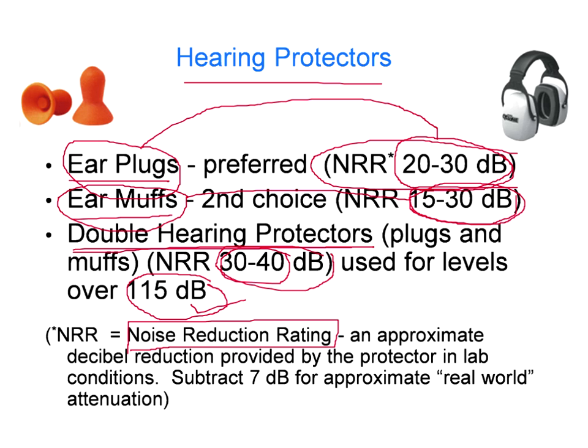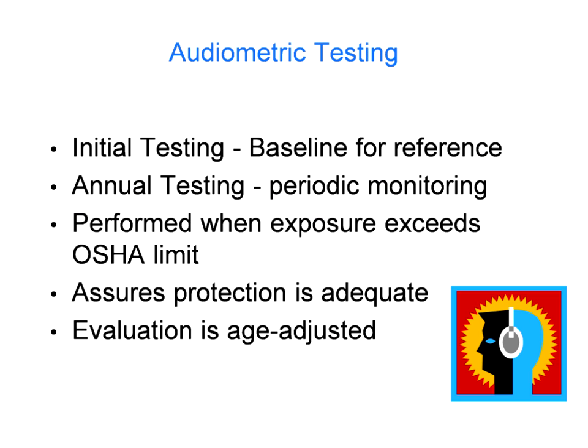If you use double hearing protectors, it will reduce 30 to 40 decibels and then send the sound waves to the ear. You should understand these things: what the ear protecting devices are and how much sound they reduce, 20 to 30, 15 to 30, 30 to 40.